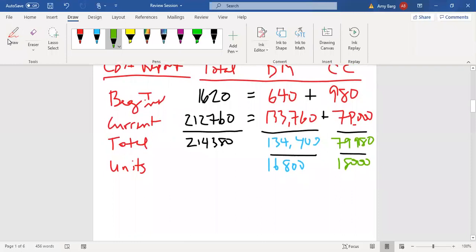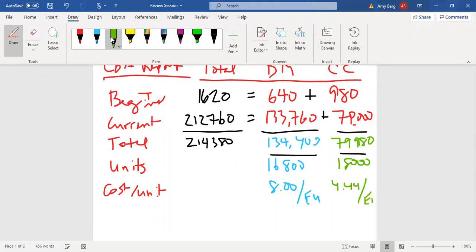And so for a cost per unit, we get $8 per equivalent unit, and we get $4.44 per equivalent unit. That's rounded.